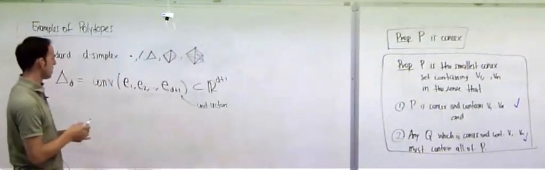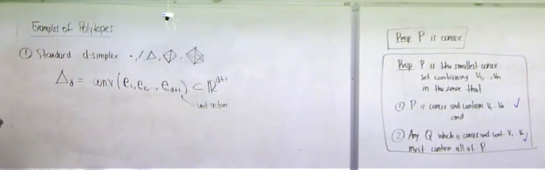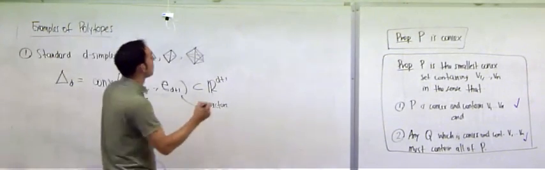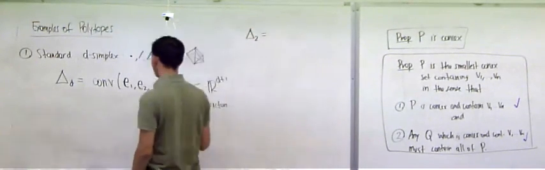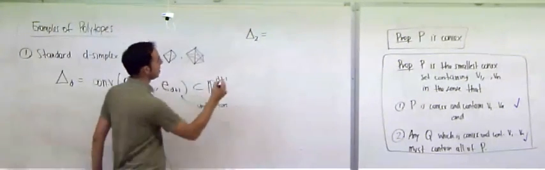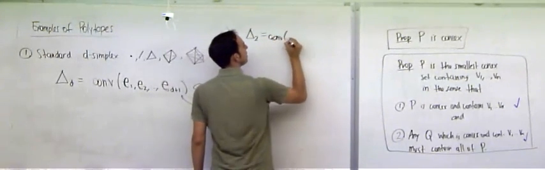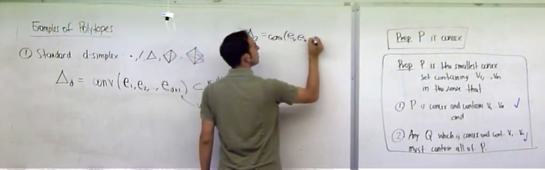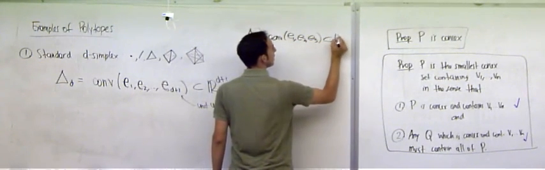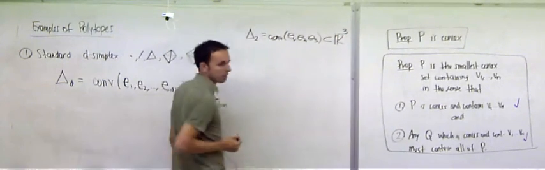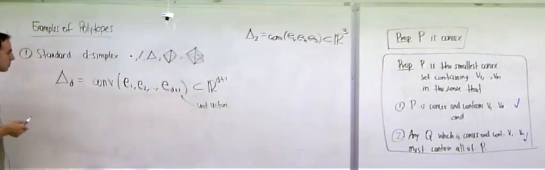So just as a sanity check, let's see what delta 2 is supposed to be according to this. So delta 2 is supposed to be the convex hull of e1, e2, and e3 inside R3. Okay, we can draw R3.